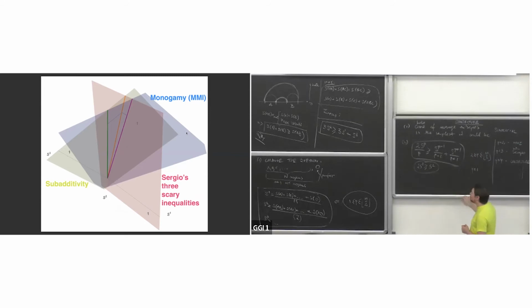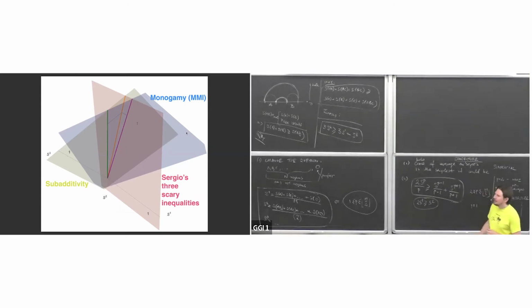Oh, and actually I have one more observation to make about this, which is, does this inequality remind you of something that you have already seen? And so I'll tell you what it could remind you of. I'm going to write AB plus BC is greater than or equal to B plus ABC. This is strong subadditivity. And imagine what happens if this B is a p minus 1 partite region. So B itself doesn't have to be an individual region, but it could be a collection of p minus 1 regions. And now symmetrize that.